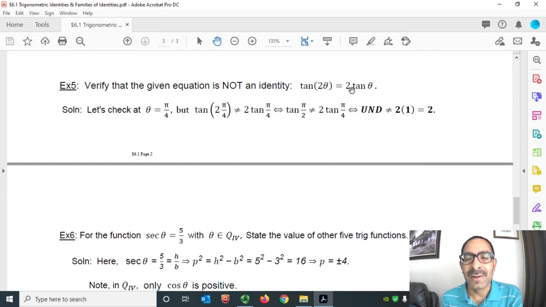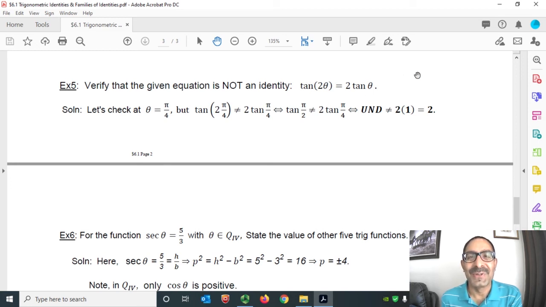The right hand side is 2 times tangent pi over 4, and we know tangent pi over 4, meaning tangent 45 degrees, is 1, so 2 times tangent 45 degrees is 2 times 1, which is 2. So our right hand side is 2, but our left hand side was undefined, so these two are not equal, hence the given trigonometric equation is not an identity.